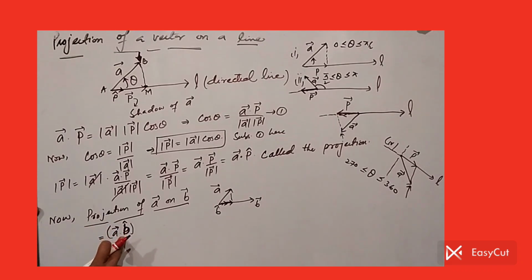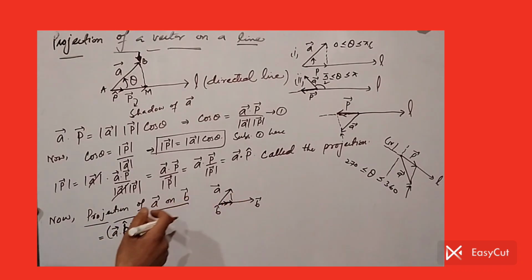Now this will provide the magnitude of the projection of this vector on this vector, but what is the direction? Direction is just the unit vector B.